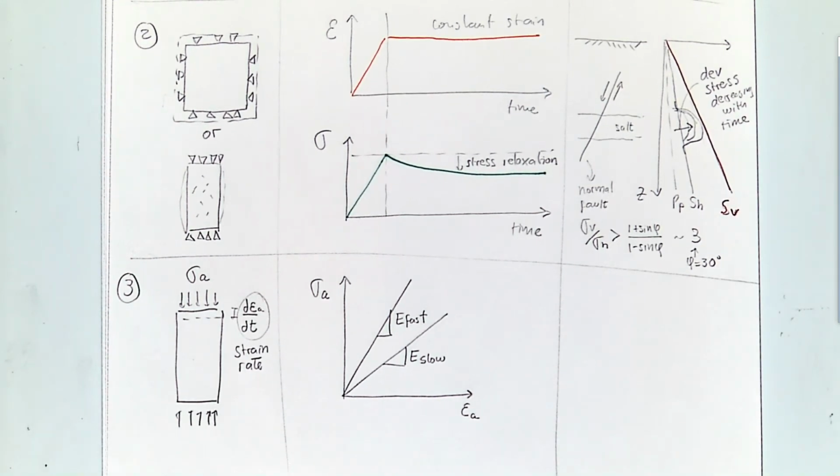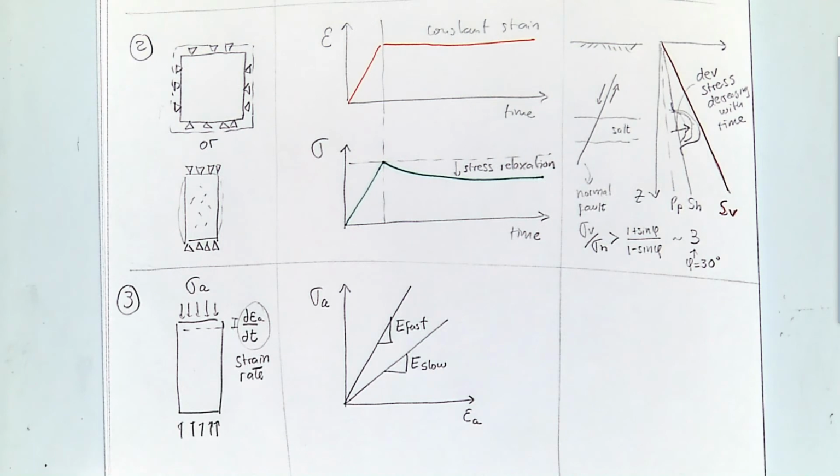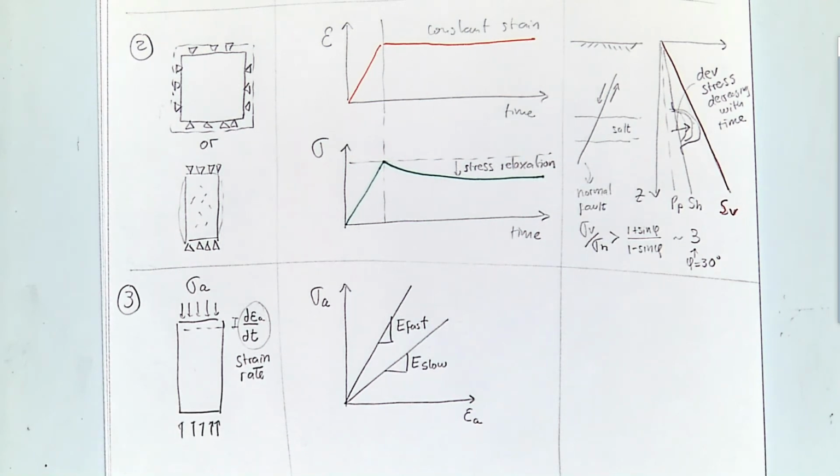Some of them are involved. For example, if you had a porous rock, you could go into undrained loading. If you have undrained loading, you are also compressing the fluids, and that makes your rock stiffer. Another cause is that when you are compressing a rock very slowly, you have some cracks, and we're going to get to that later on, that do not propagate immediately but are a function of the state of stress.